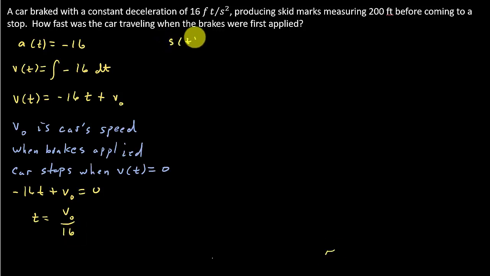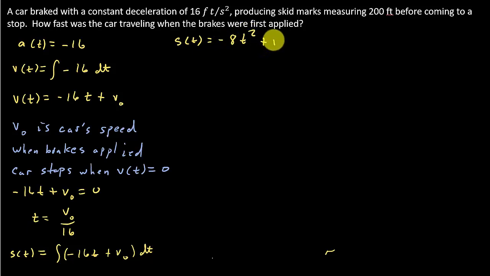So s of t is equal to the integral of negative 16t plus v0 dt. So s of t is equal to negative 8t squared plus v0 times t plus some constant, we'll just call it s0.